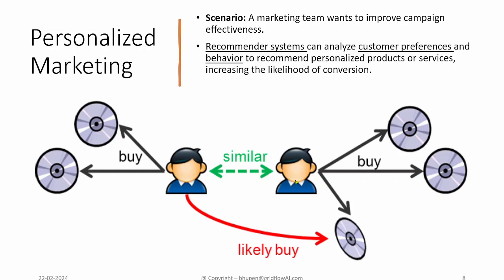Let's say this particular user has bought these items, and this user is similar to user A. So let's call this user A and user B. So I can say that user A will also like this item, which is not yet purchased, viewed, or rated by user A. So this is another example of recommendation.